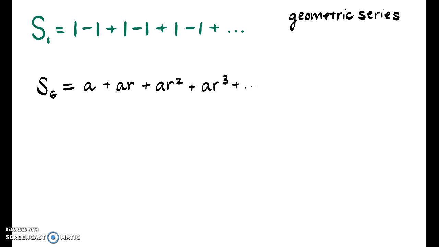And we can see that to get from the first term to the second term, we multiply by r. From the second term to the third term, we multiply by r again, and we continue doing so. So each term is composed of a times r to some power.